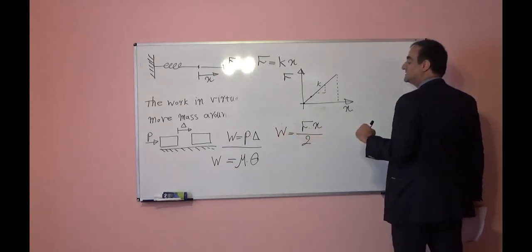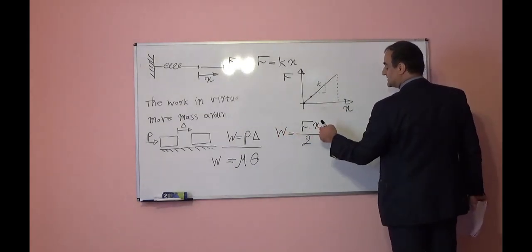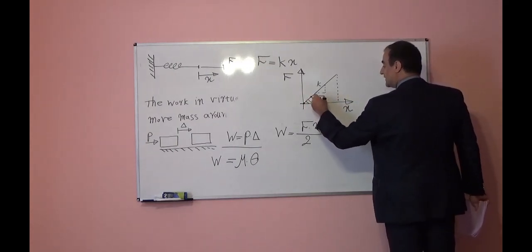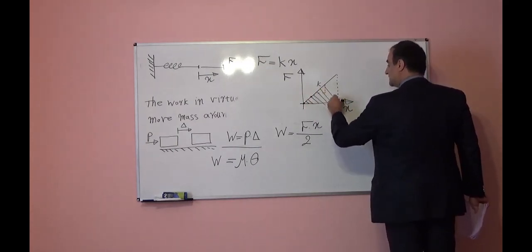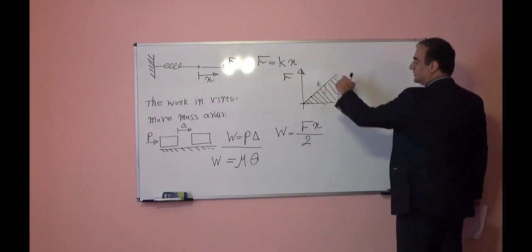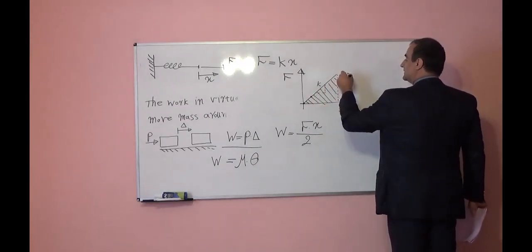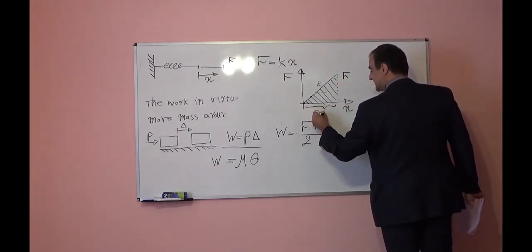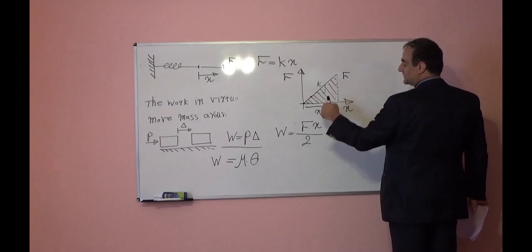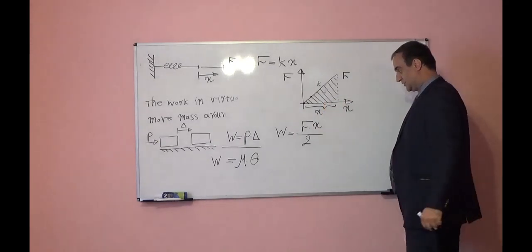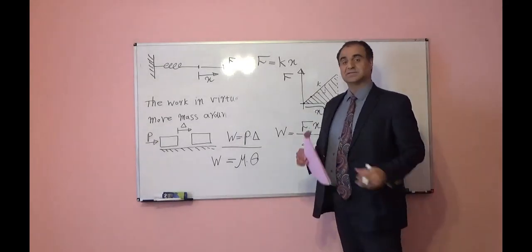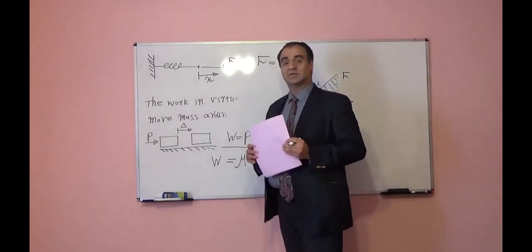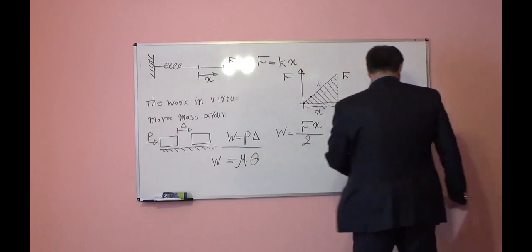So work is equal to force times displacement divided by 2, or area underneath of this plot. Because it is triangle, here is the height is F, this side it is X. The area will be F times X divided by 2. This will give us again external work done by external force F.